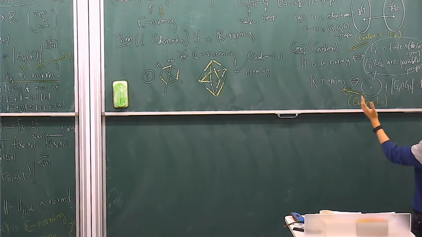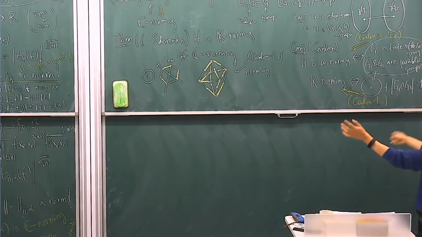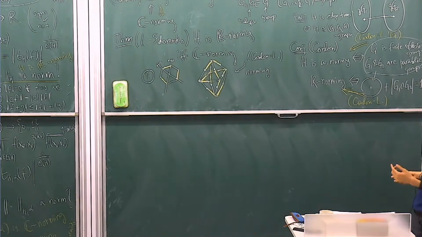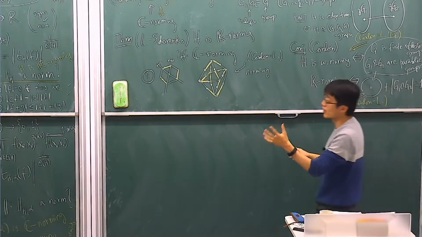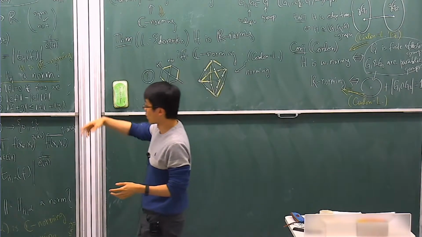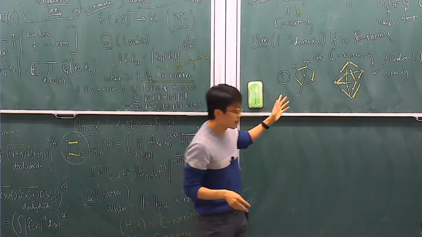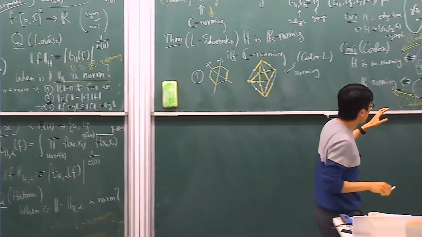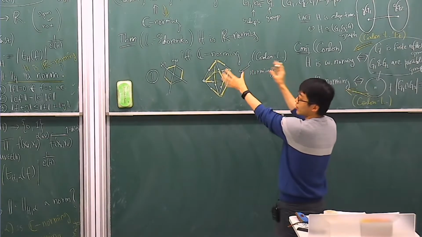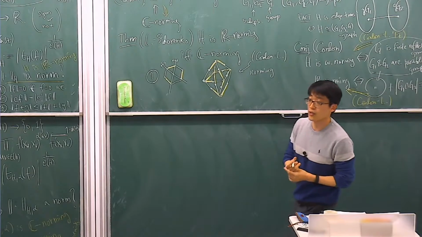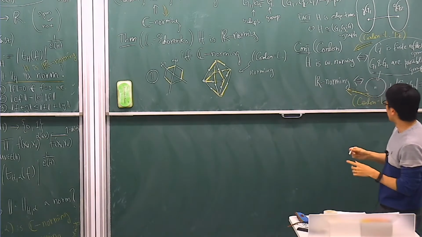Yeah, so this is kind of the ultimate goal of all of these things. And if true, then it really gives the answer to the Lovász question here. Yeah, but this is still open. But the thing is, our theorem here gives some non-trivial positive evidence for the conjecture.